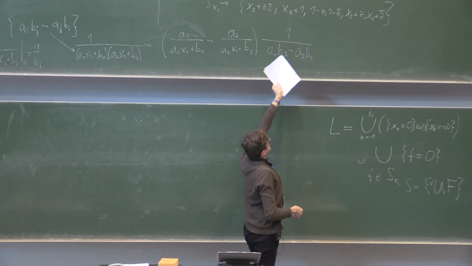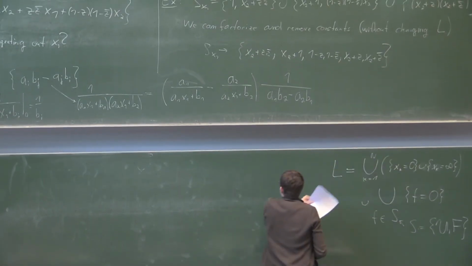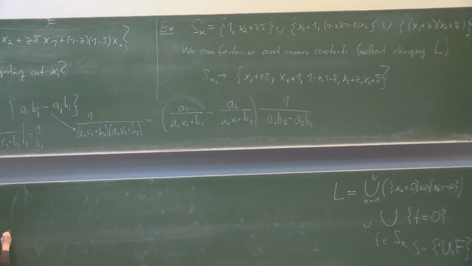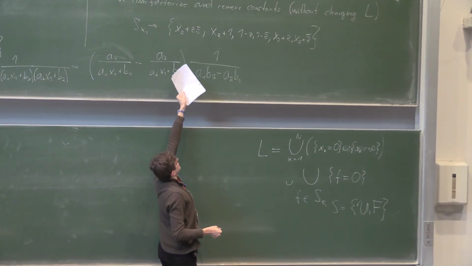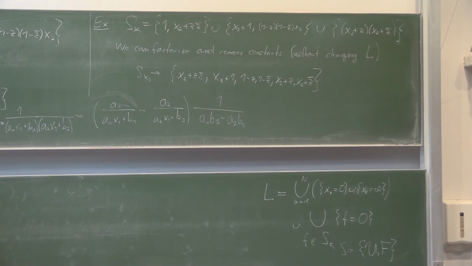But there is a new thing that happens. If you take the resultant of these two, you get something that's z minus z bar. And that's one other thing you get new, which is the resultant of the first two, which is 1 minus z bar.